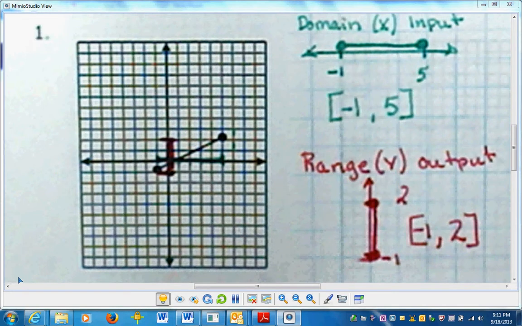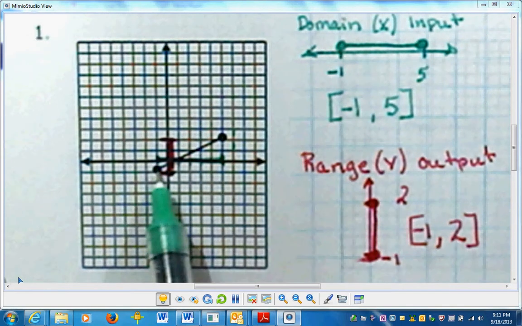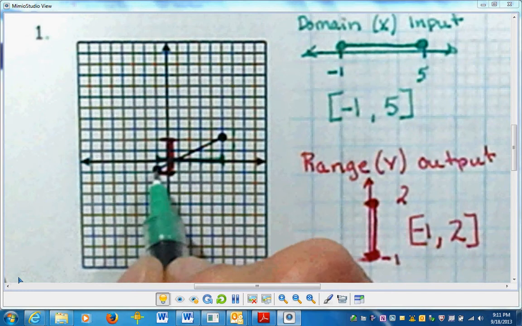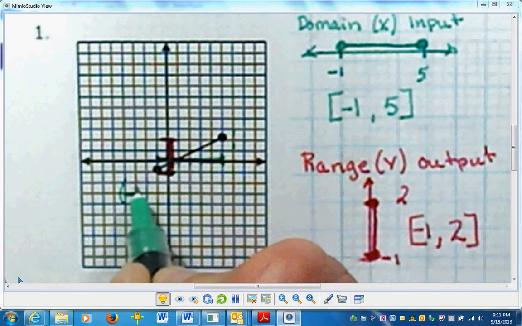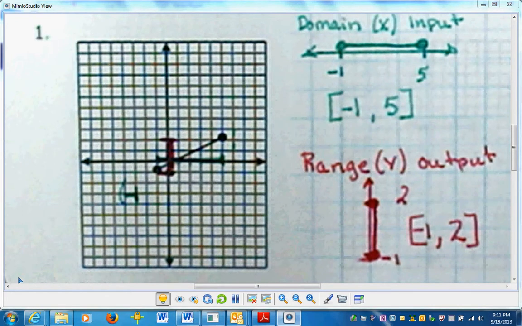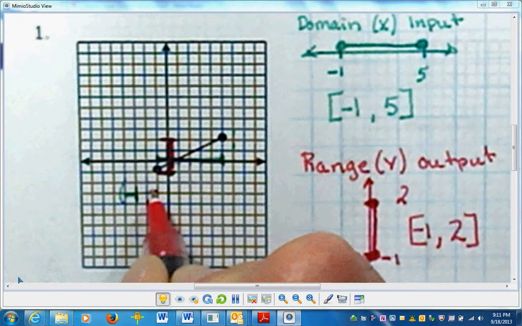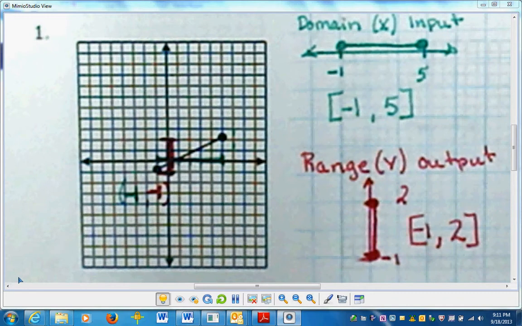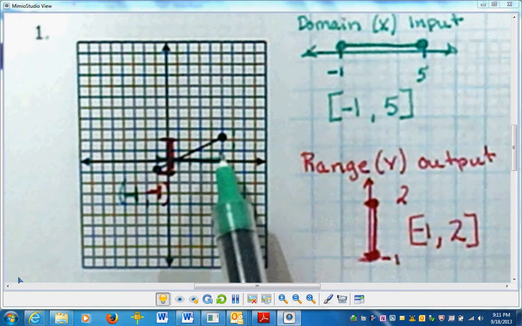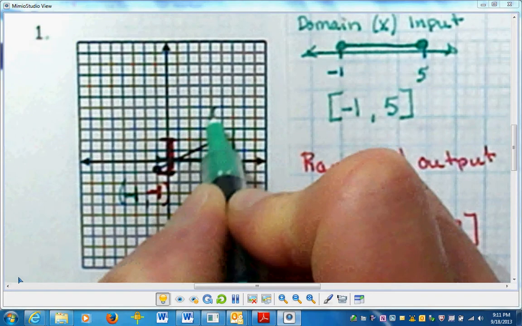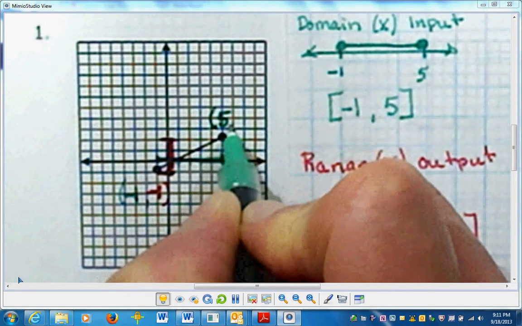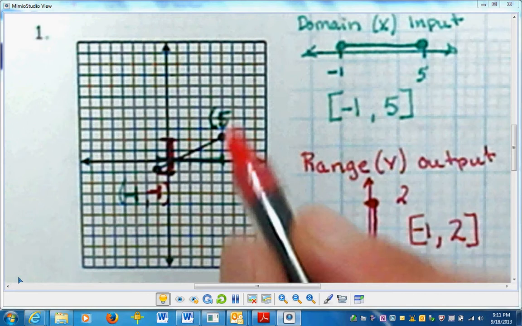So let's look at this a slightly different way. Let's look at this from where is the very beginning. If I start at the very left of my function, which is here, that means my x value is -1, and my y value also happens to be -1. So I'm going to write that coordinate there. If I go to the very right of my function, my x value is 5, and my y value is 2.